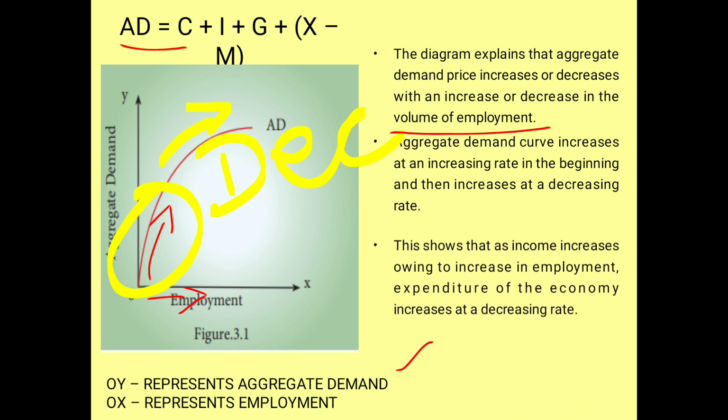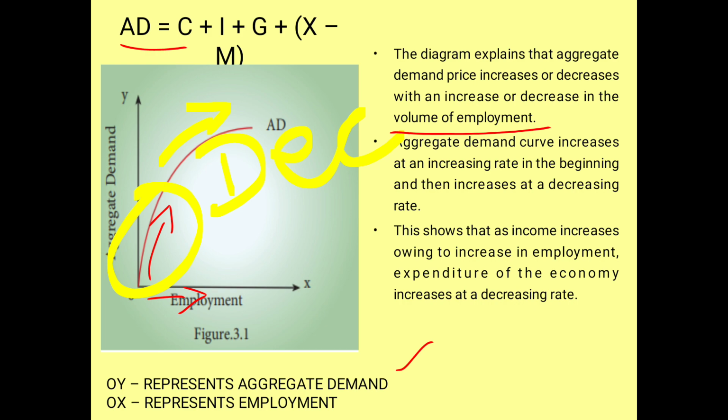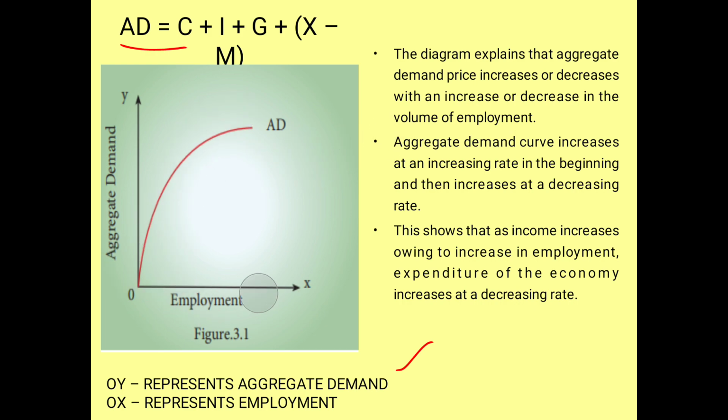This shows that income increases owing to the increase in employment. So what does this explanation tell you? Income is increasing. Why? Because employment keeps on increasing. So what happens? The expenditure of the economy increases at a decreasing rate, at this place.